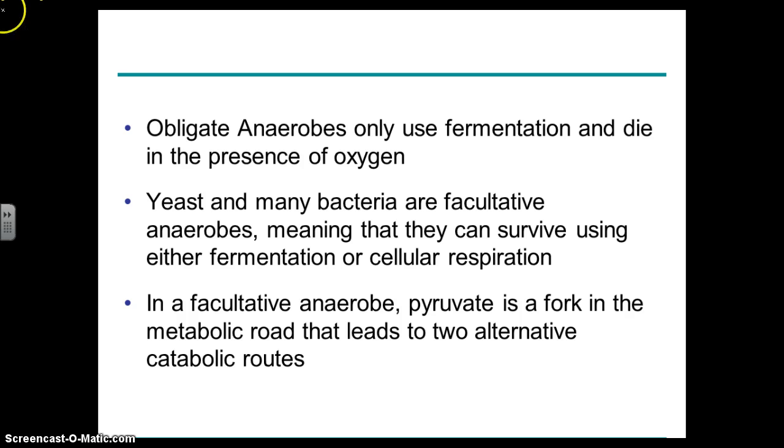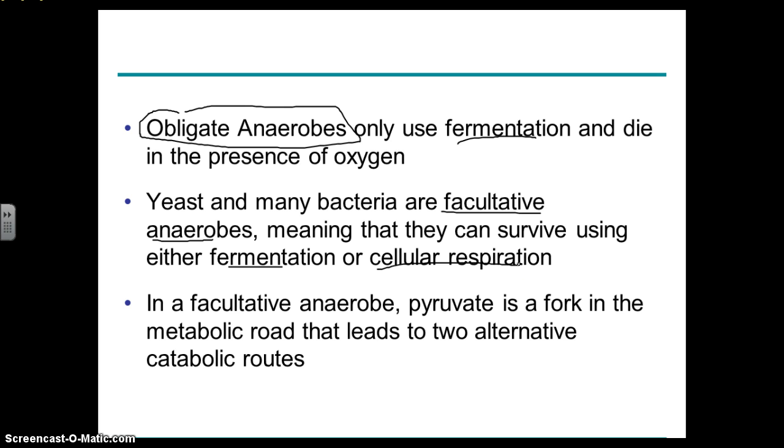So obligate anaerobes are types of organisms that only use fermentation. So they only do anaerobic respiration, and they actually die in the presence of oxygen. Some organisms are facultative anaerobes, and I can never say that word correctly, and that means they can either do fermentation or cellular respiration, or they can do both. We are facultative anaerobes.